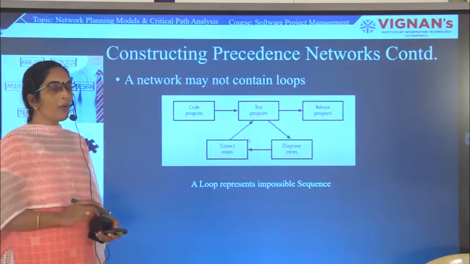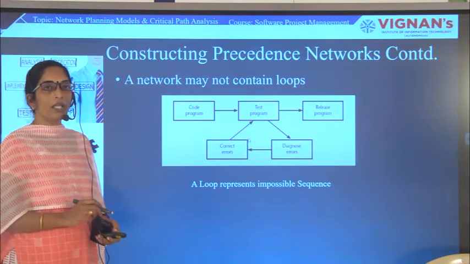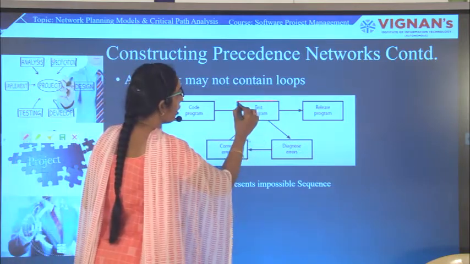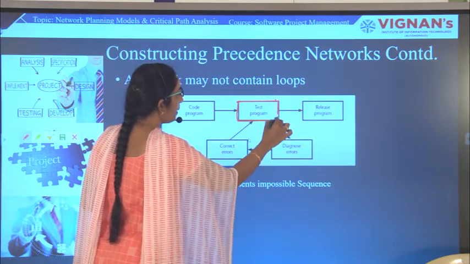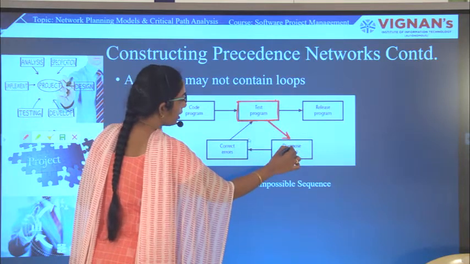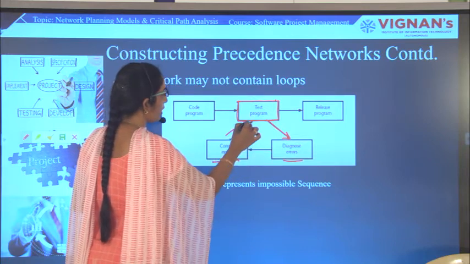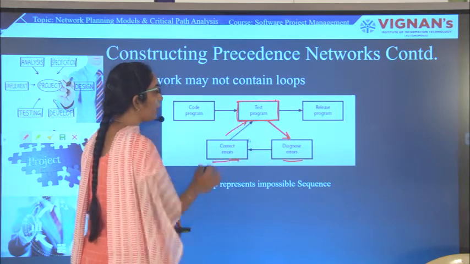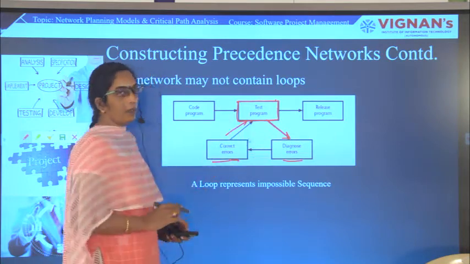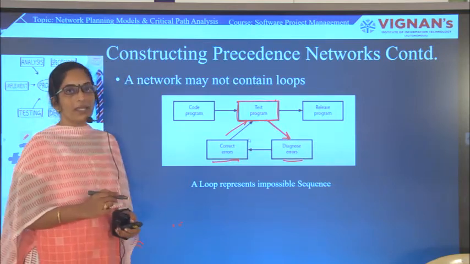One more important rule for constructing precedence networks is that a network should not have loops. In this example, we have an activity called test program, which will be completed only after completing diagnose errors and correct errors. That means this is going into a loop, and these types of loops should not occur in precedence networks.